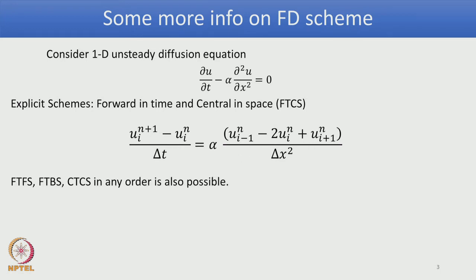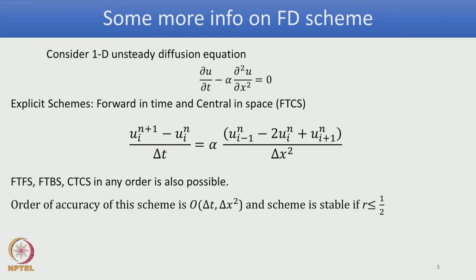It is also possible to write other schemes, for example, forward in time, forward in space; forward in time, backward in space; central in time and central in space. It is also possible to write different orders in any of the schemes and analyze appropriately.